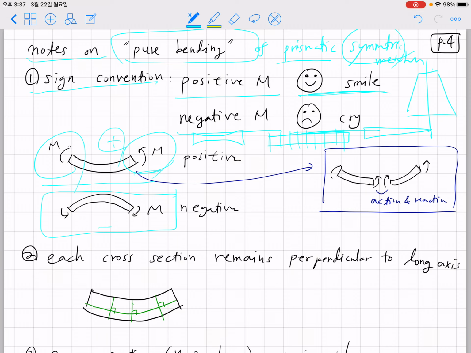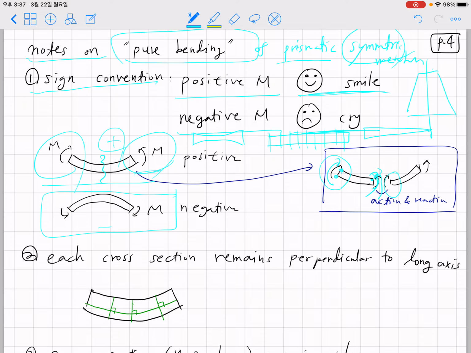Let's think about making an imaginary cut here. When you make an imaginary cut, because the upper part is compression and the lower part is tension, you can imagine that the M must act in this way to balance the external force on the left side. So this pair gives you a positive sign.